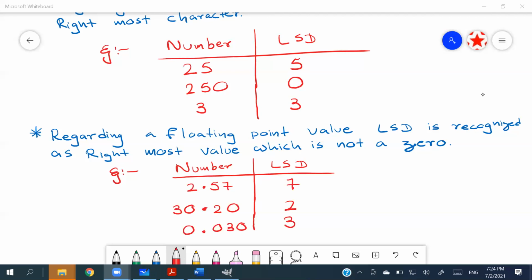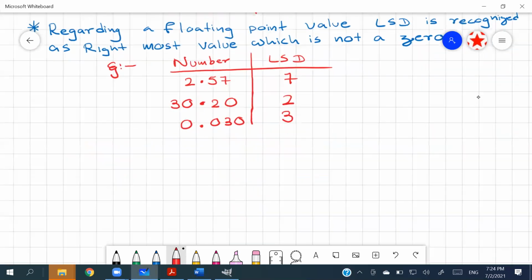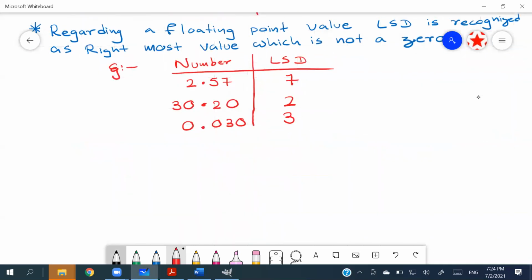So I'm going to move to the most significant digit, the other one, right? So most significant digit, how are we going to recognize the most significant digit? Now, least significant digit is at the rightmost corner, and most significant digit is going to be at the leftmost corner.